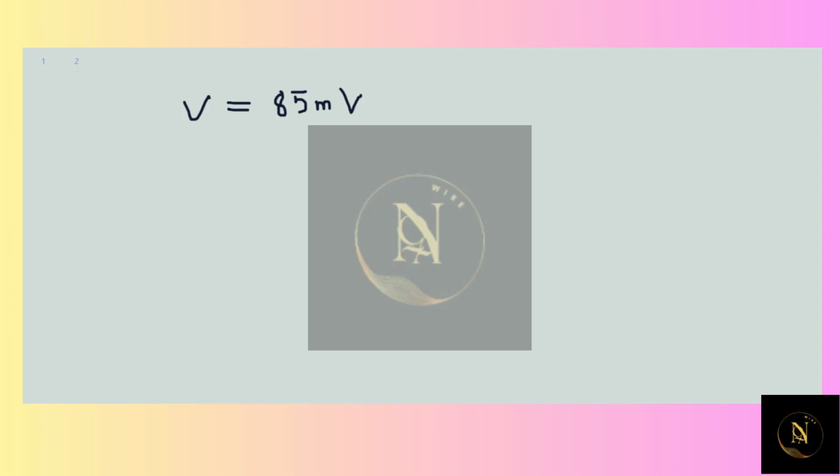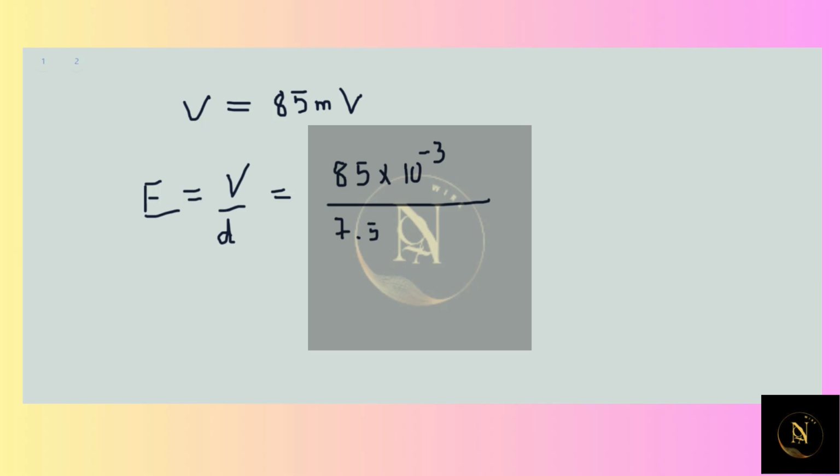For a parallel plate capacitor, we very well know that if the potential difference between the plates is given, then the electric field can simply be found using E equals V by D, where D is the separation of the plates. The potential difference is 85 millivolt, so it's 85 times 10 raised to negative 3 volts divided by the distance between the plates, which is 7.5 nanometers, so 7.5 times 10 raised to negative 9 meters.